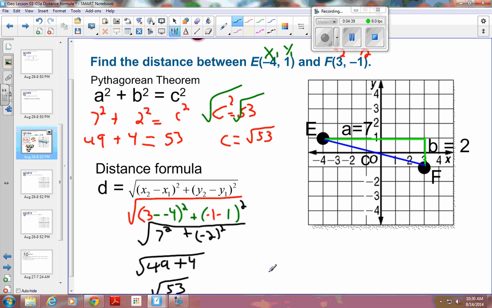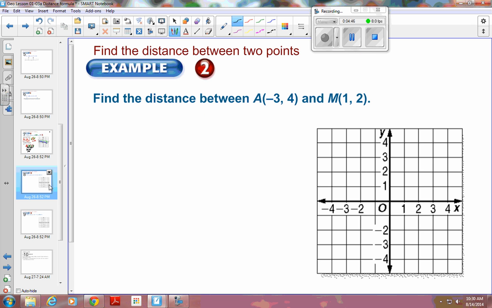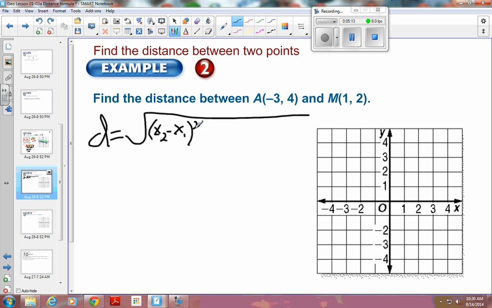Both get you there, and you need to be able to use both depending on the situation on which one's going to be easier for you. So one more time through the distance formula. I'm just going to do distance formula and not Pythagorean theorem on this one. So D is equal to the square root of x2 minus x1 squared.